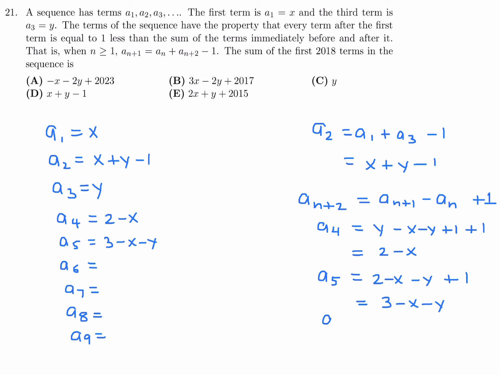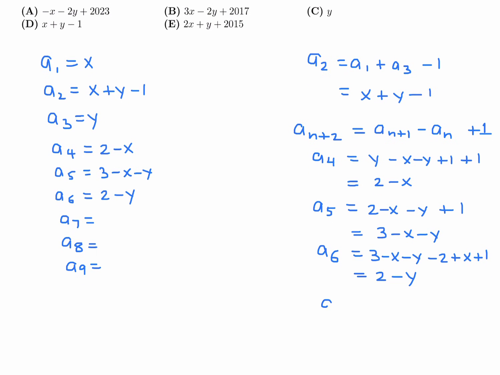Okay, let's try a6. a6 looks like 3 minus x minus y minus 2 plus x plus 1. So that's 1 and then minus 2. If you add up all the numbers, minus y, because the x's cancel. Okay, 2 minus y. Let's keep going here. a7 would be 2 minus y minus 3 plus x plus y plus 1.